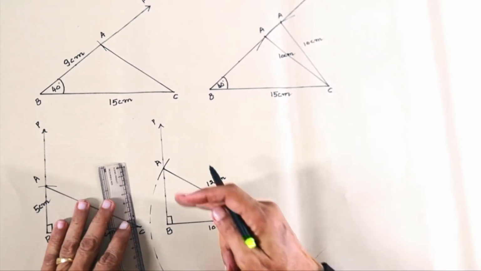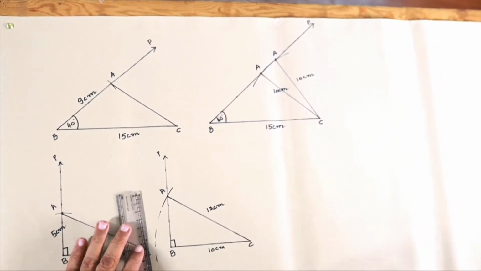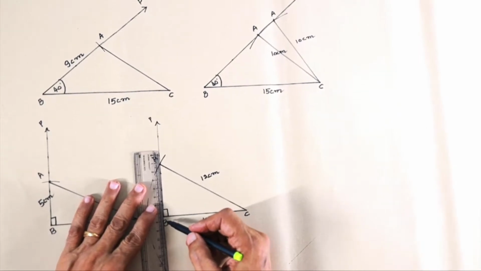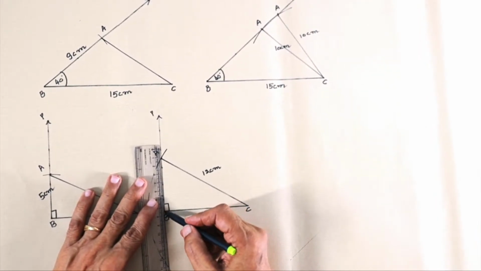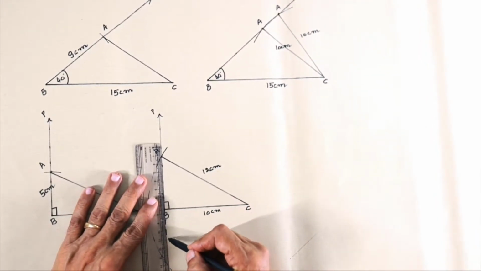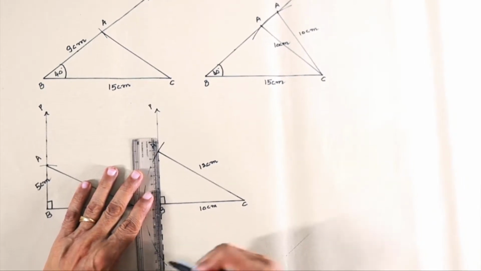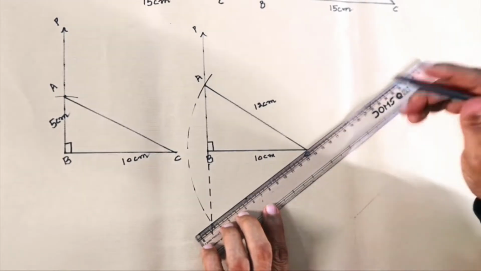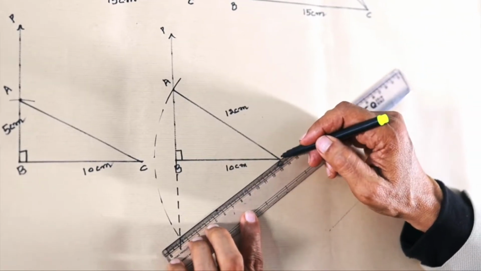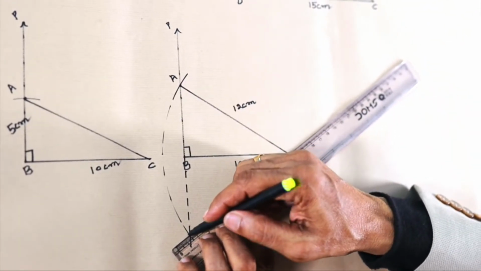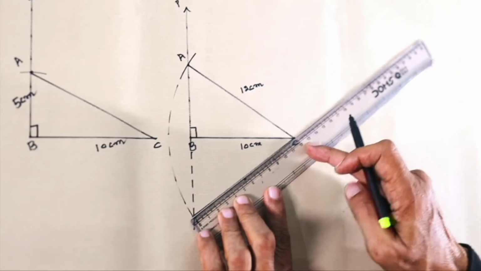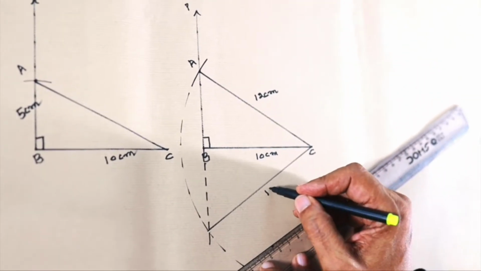You may be thinking that if I extend this, you will get altogether a different triangle. Let us check this. Let us extend this AB below. Okay, and join these 2 points. See, even this length is also 12 centimeters only.